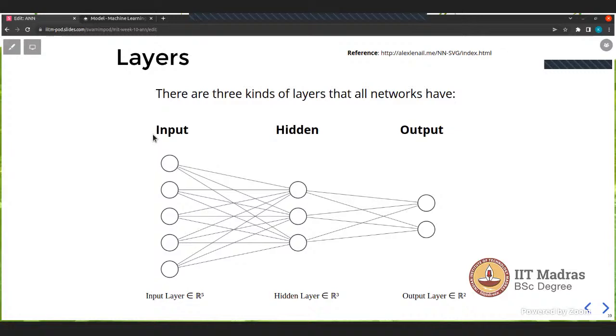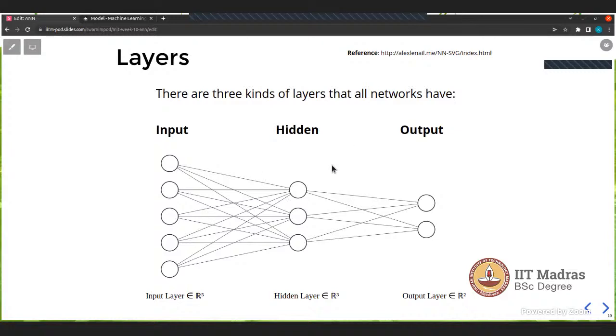If the output has a single neuron, then it's just a linear regression model. If your output has multiple neurons and you are using softmax, then it would become a softmax regression. So you need at least one hidden layer with some non-linearity for this to be considered a proper neural network, right? Otherwise, there's no point of using a neural network.